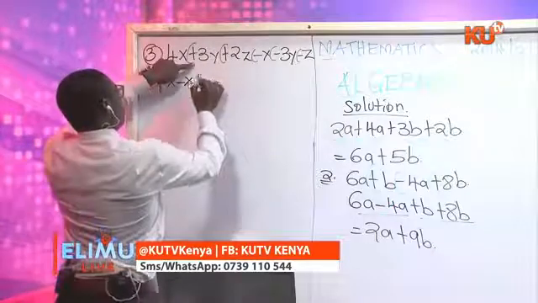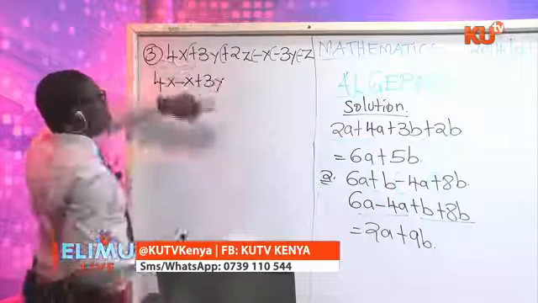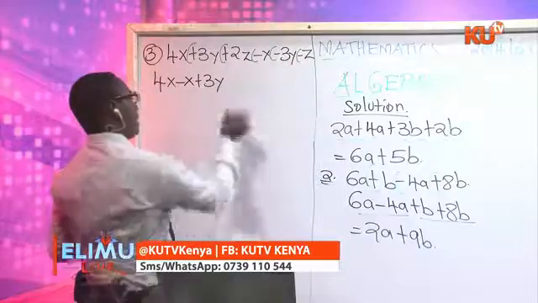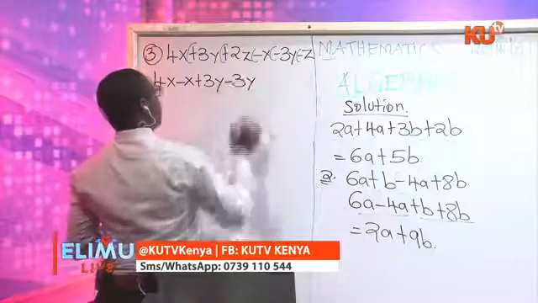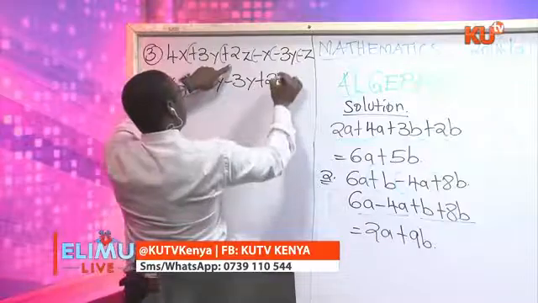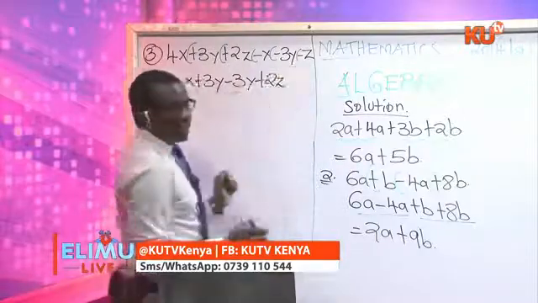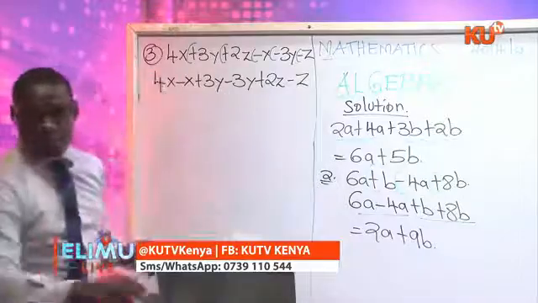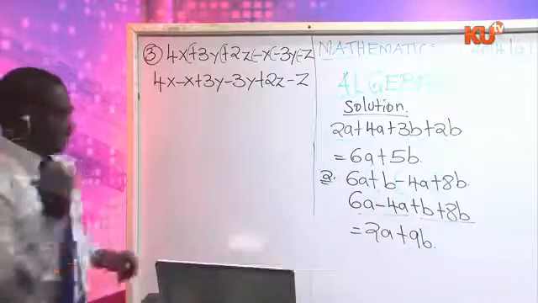So we come to plus 3y. We look for any other y that is there, which is minus 3y. We come to the next, plus 2z. We look for another z, which is minus z. Now, once you do that, you have collected the like terms.